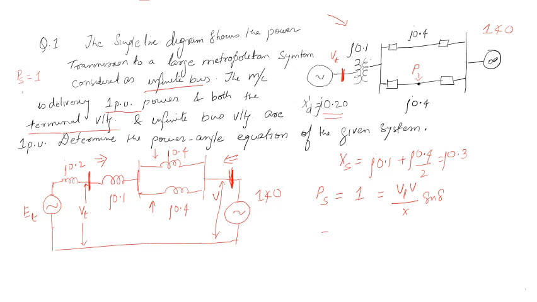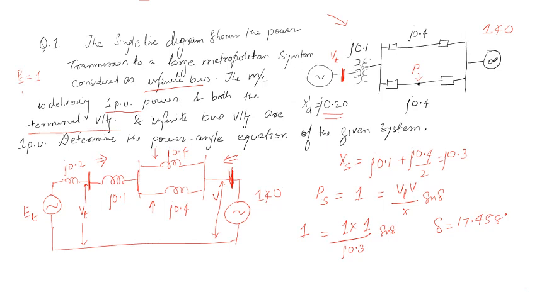VT is 1 per unit, V is 1 per unit, Xs is J 0.3, and sine delta. You can calculate that sine delta, and delta comes out to be 17.458.